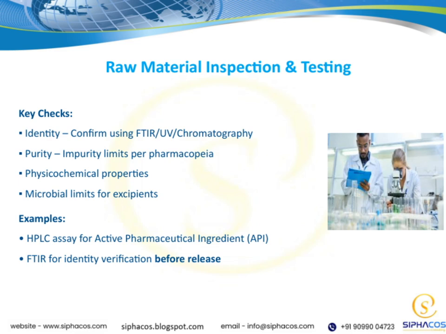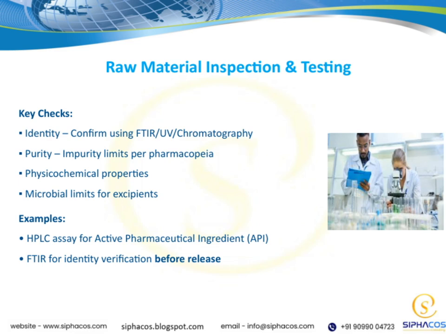For example, we often use HPLC to assay the active pharmaceutical ingredient, or API, to determine its concentration accurately. And before releasing a batch, FTIR is frequently used for identity verification, ensuring everything matches the expected profile. All these checks are vital to maintain the integrity of our product and to ensure safety and efficacy for the end user.